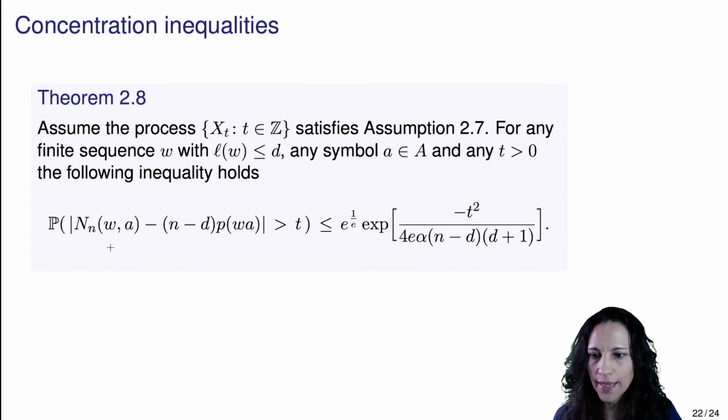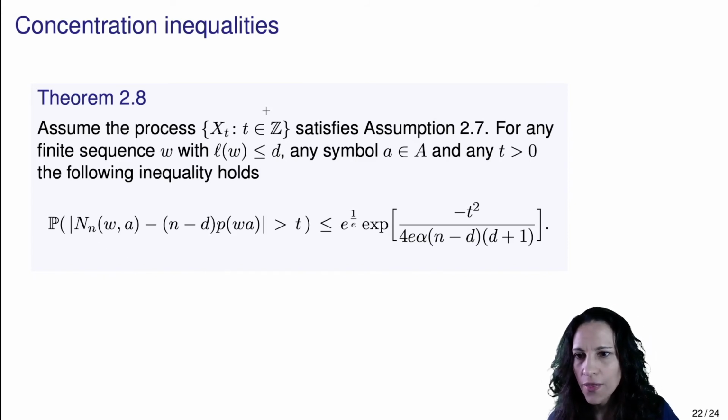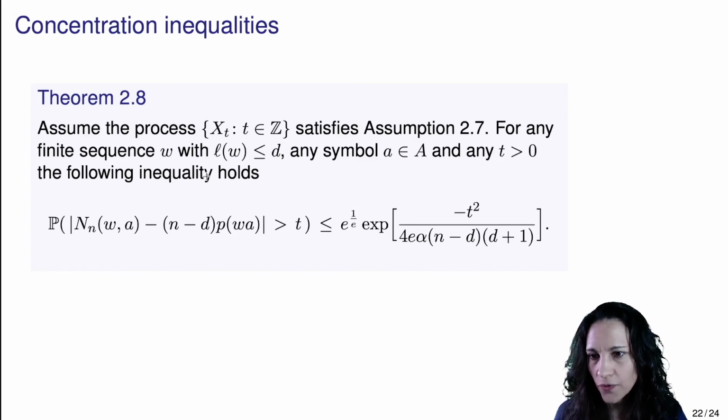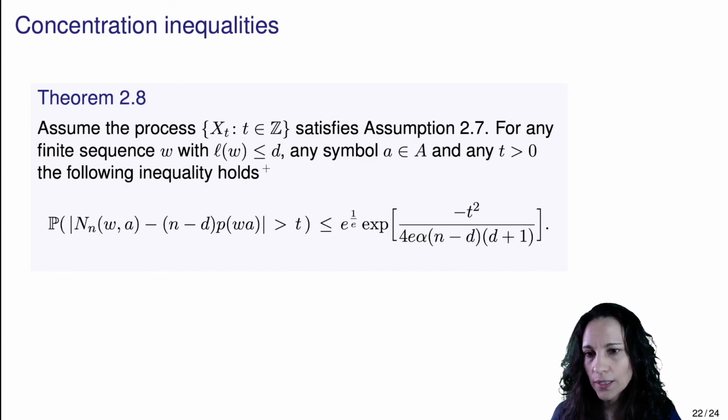of W A, okay? So this is theorem 2.8 in the book. It says that assume the process Xt satisfies assumption 2.7. For any finite sequence W with L of W smaller or equal to d, any symbol A and any t greater than 0, the following inequality holds.